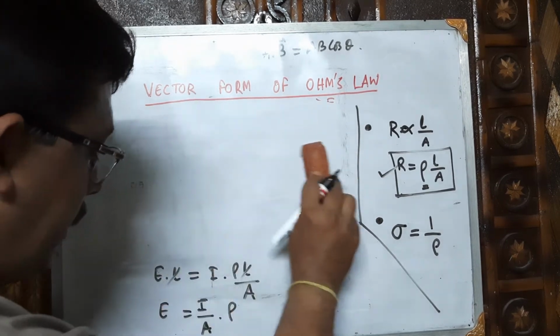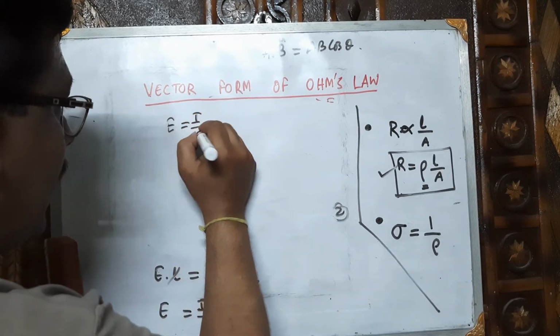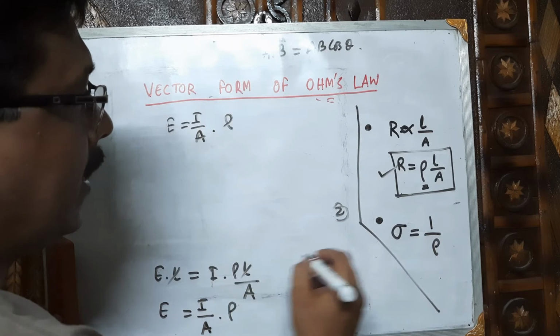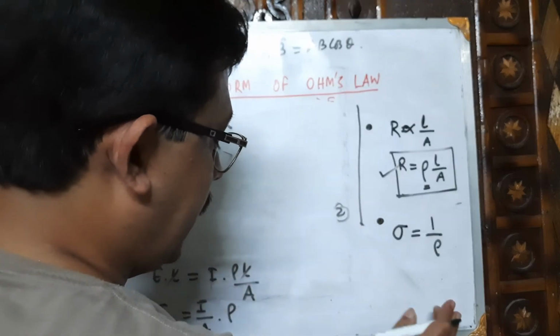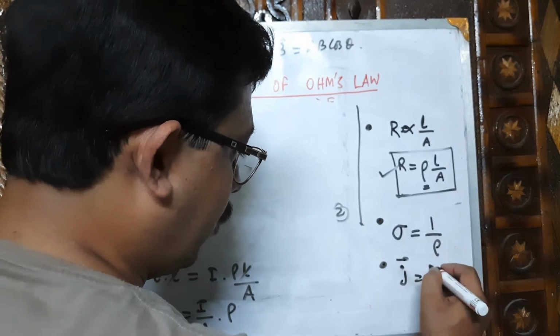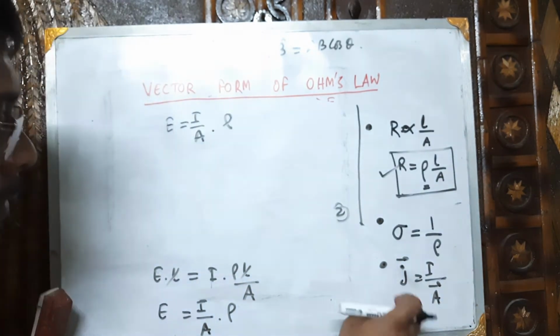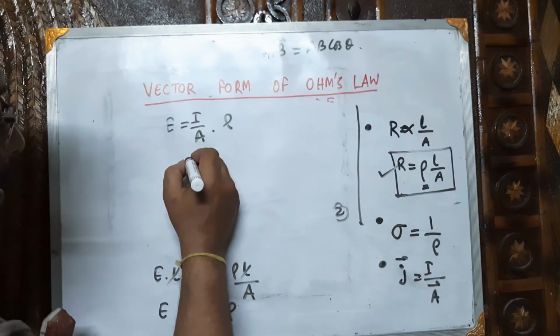Okay. So what did we get? E is equal to I by A into rho. But what is I by A? Just now we finished this discussion: the current density J is equal to current I by area A. So I by A is nothing but the current density in scalar terms.